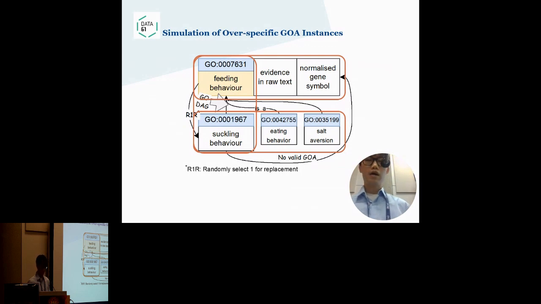So firstly, on the first line, we randomly sample a manually reviewed and experimentally validated instance from the biological databases. These instances are considered the most reliable resources in the database, assumed to be consistent. And next, referring to the ontology hierarchy, on the second row, we randomly select a child term to replace the original GO term. And then the new GO annotation will be a valid over-specific type inconsistency record.